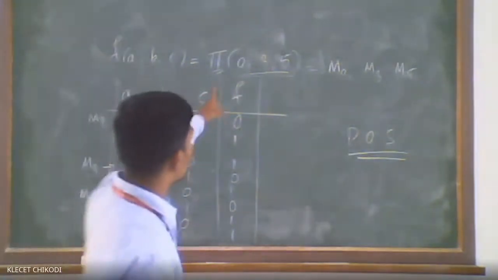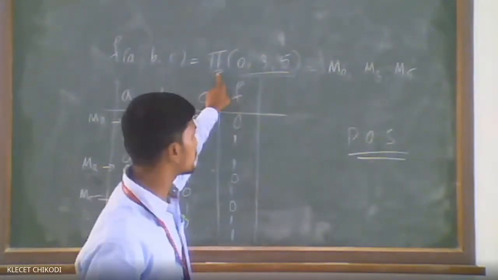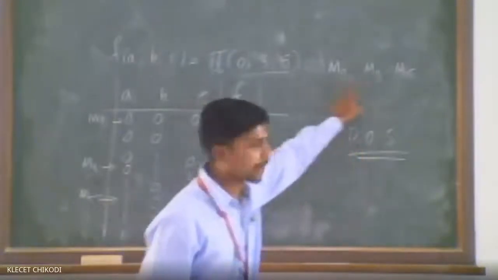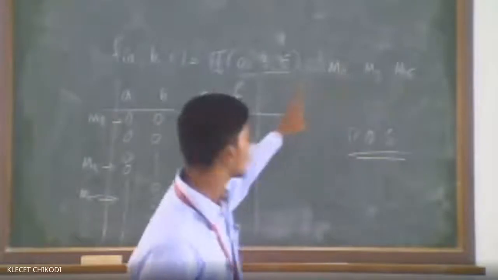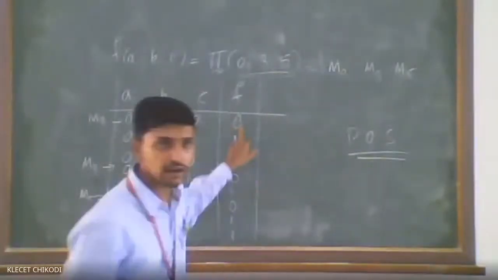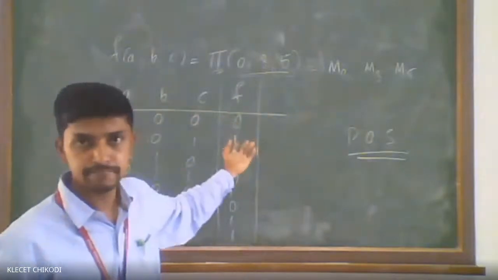So you have to see whether it is a POS or SOP. Once it is confirmed that it is a POS expression, you have to consider the max terms, and for those particular max terms, we have to consider the 0 value here, and the remaining values are 1.